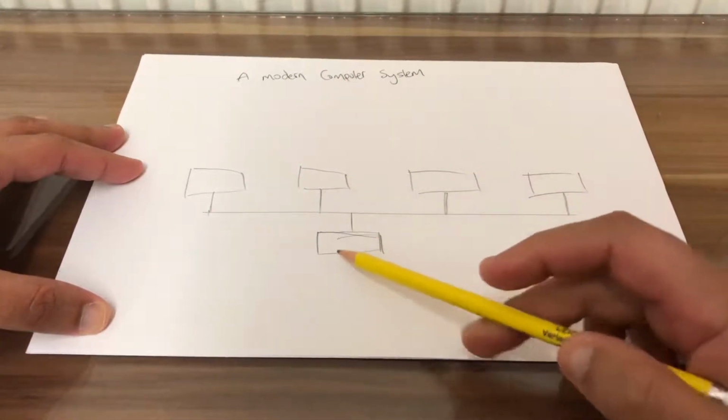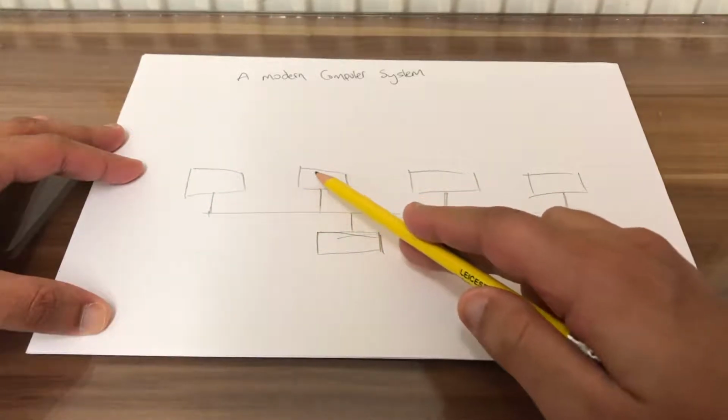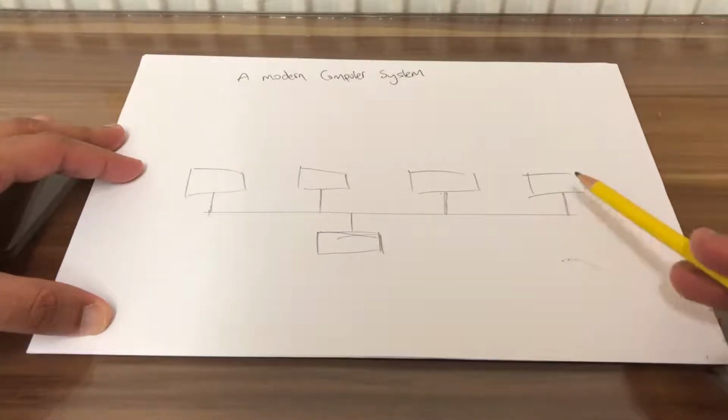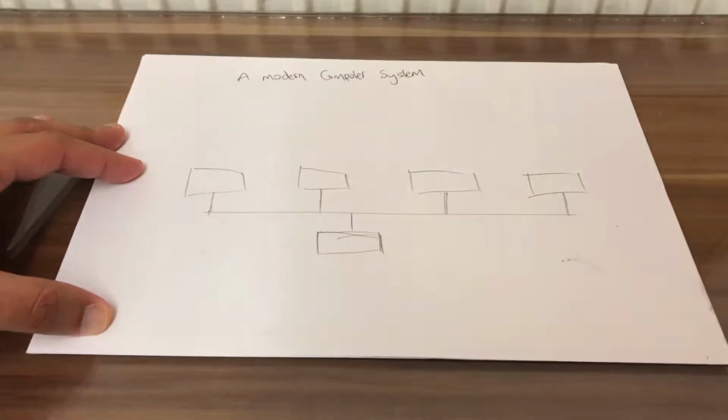So this is the memory, this is the CPU, disk controller, USB controller, graphics adapter, and then we can write this down before moving on.